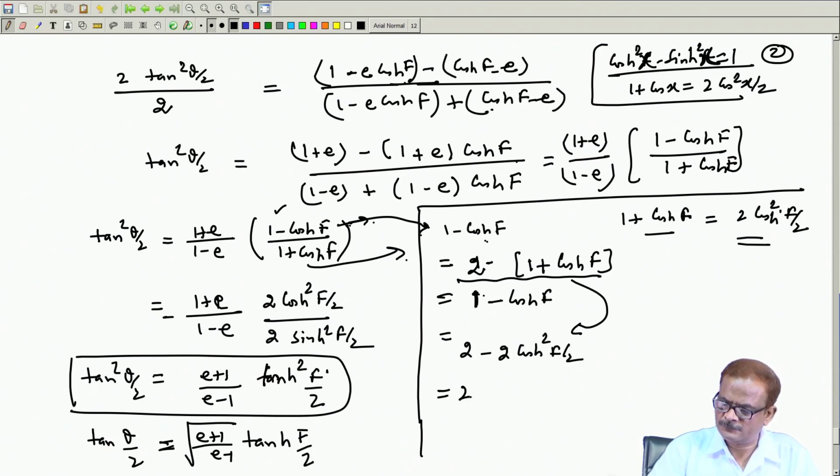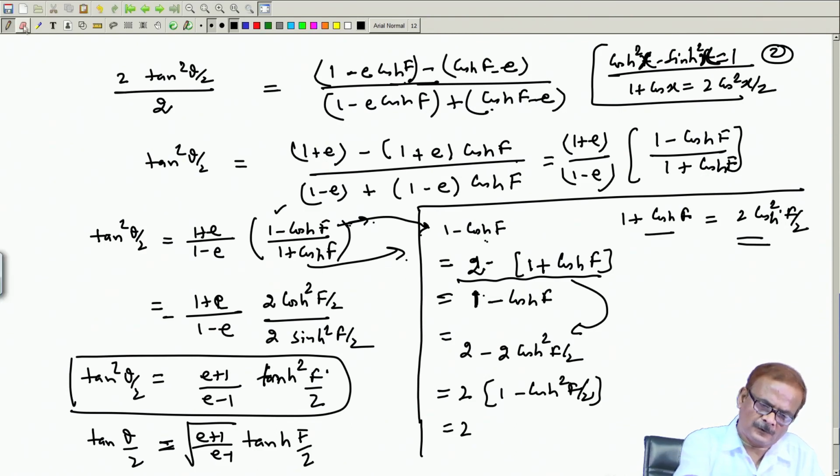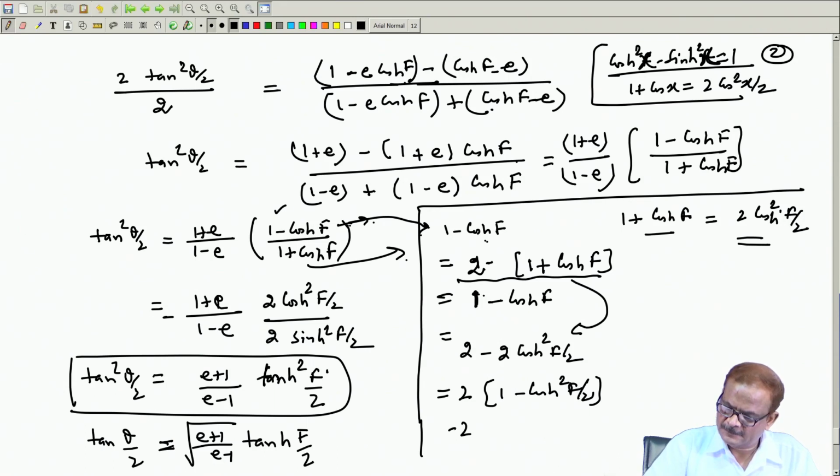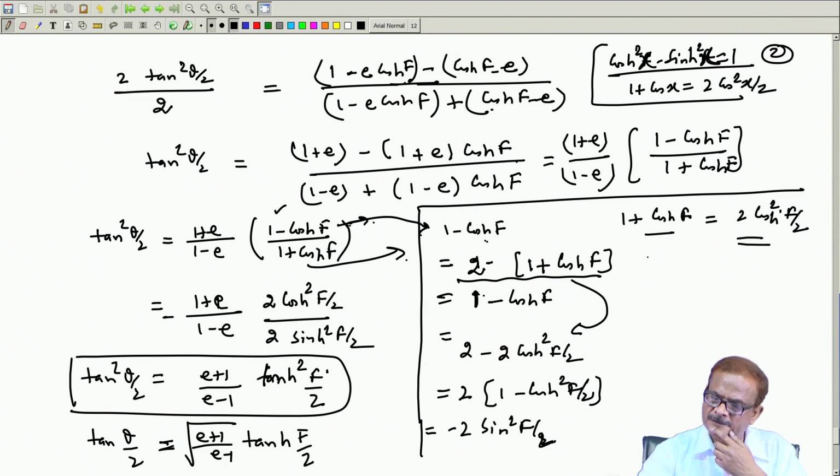So, 2 times 1 minus cos hyperbolic f by 2, and this is 2 times, this will come with a minus sign here. So, minus sin hyperbolic f by 2.